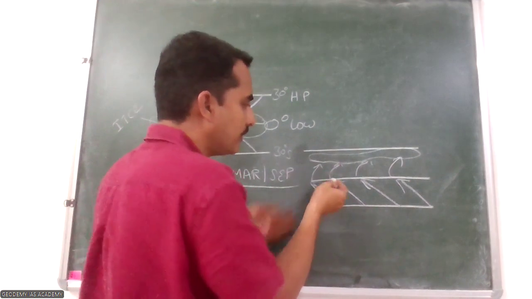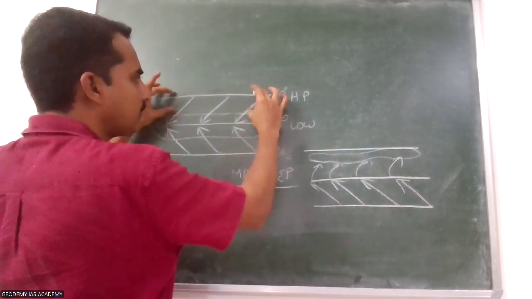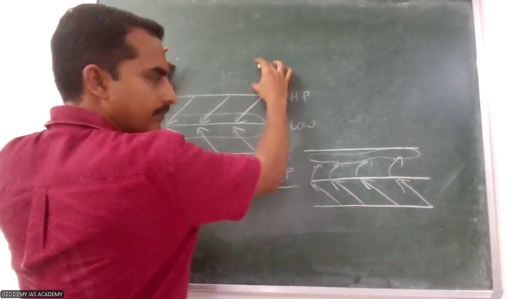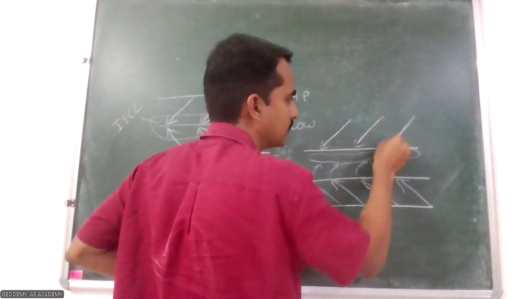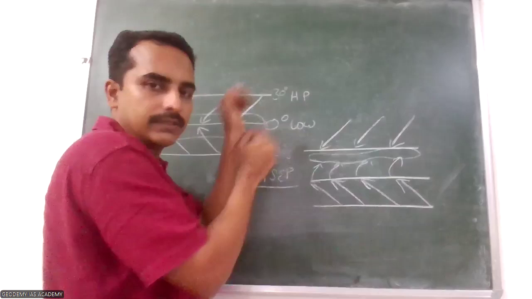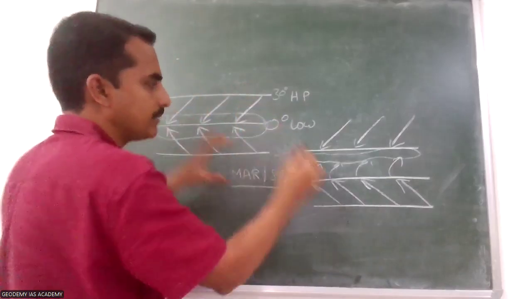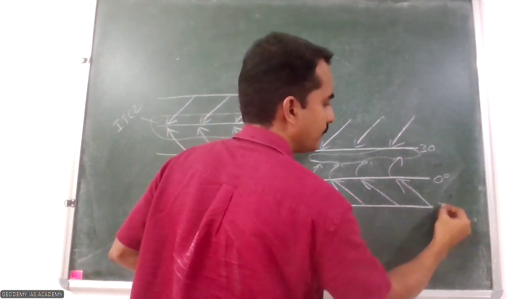Okay, now let us come to this concept. Okay, so now due to the shift of this belt, this north trade wind belt also shifts here, right? So now the north trade wind comes in this spot. Okay, because the entire wind belt shifts here, so this belt has become like this, 30, 0, 30.